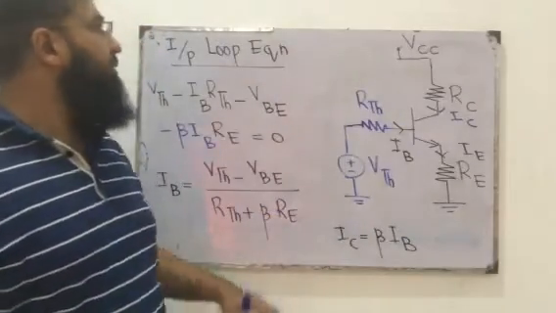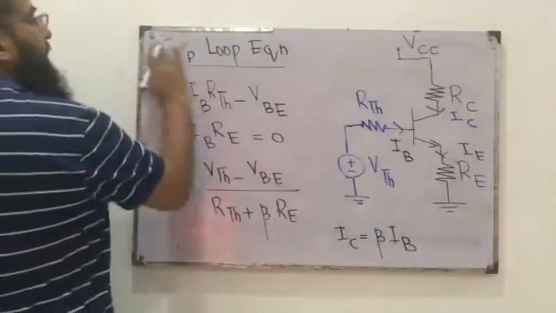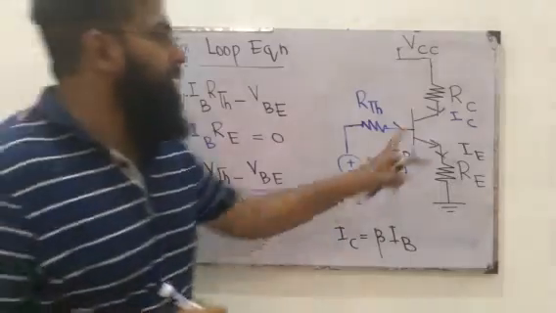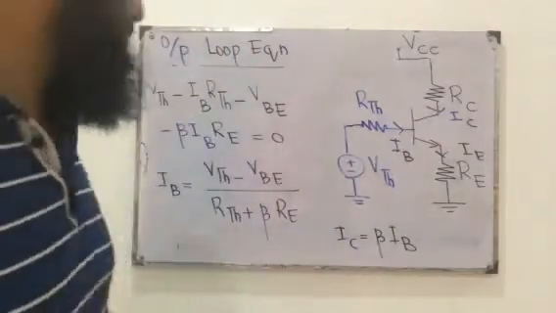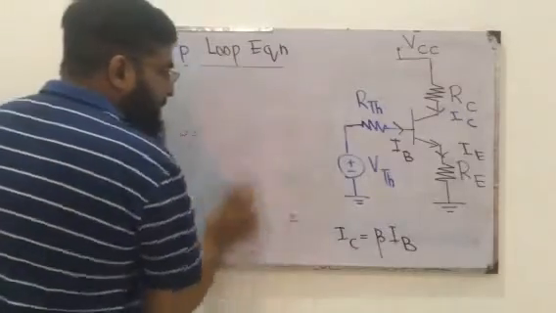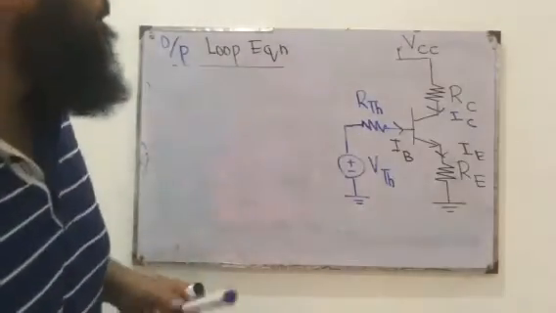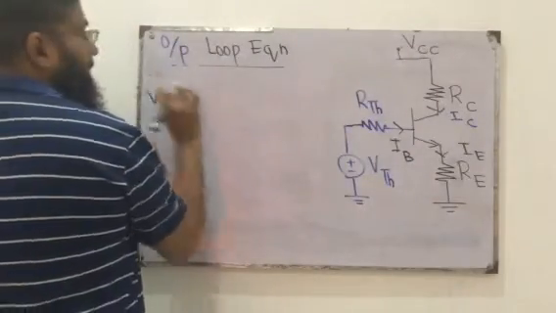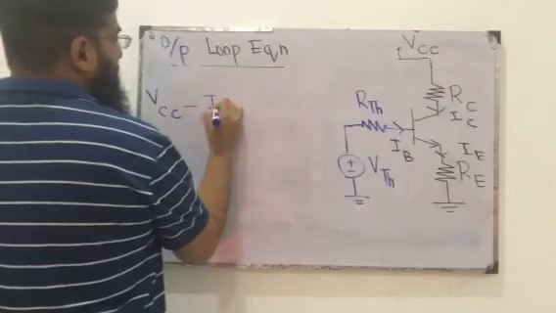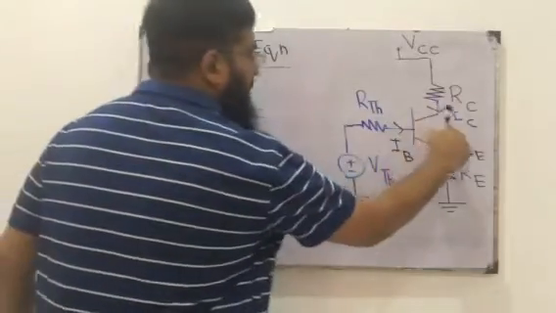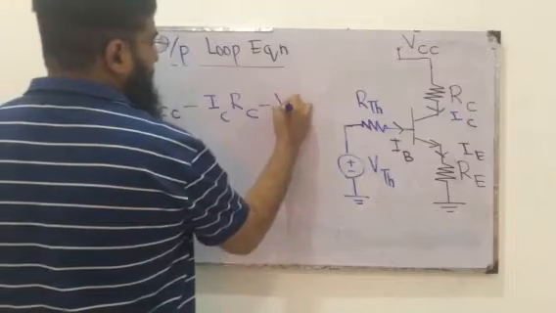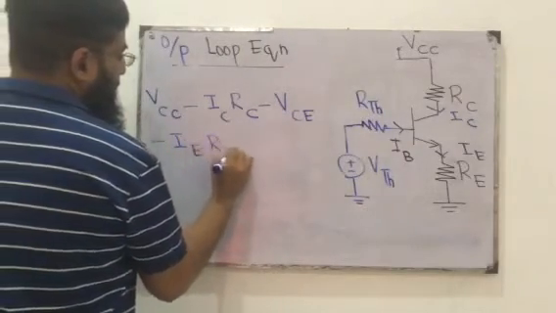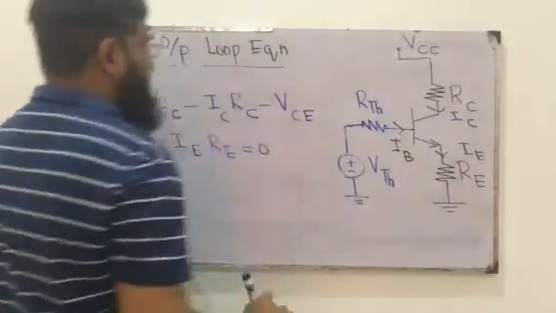The last thing is to write the output loop equation to compute VCE, the voltage between collector and emitter. The output loop equation is the same as we have done already. VCC minus the voltage drop across the collector resistor, IC RC, minus the voltage drop across the collector emitter junction, VCE, minus IE RE, the voltage drop across the emitter resistor.